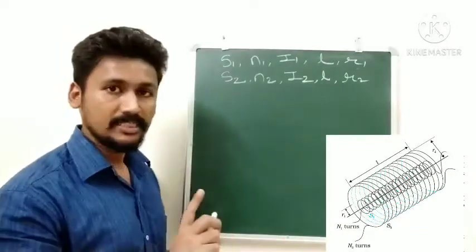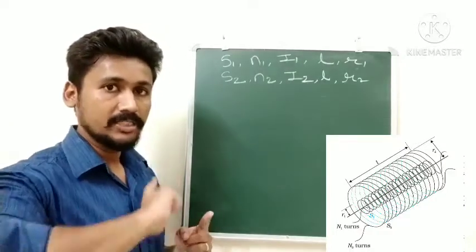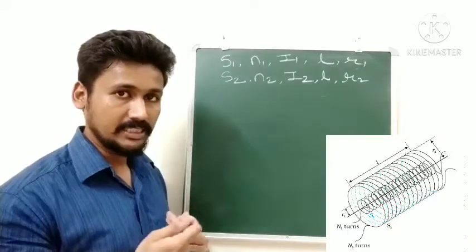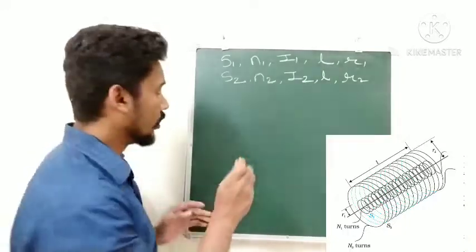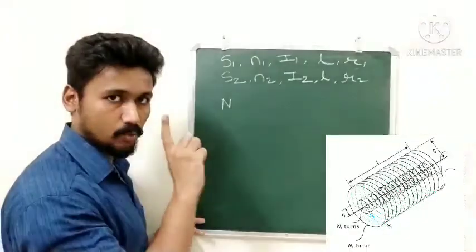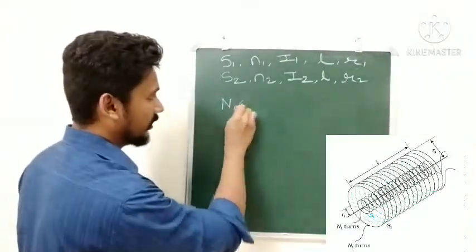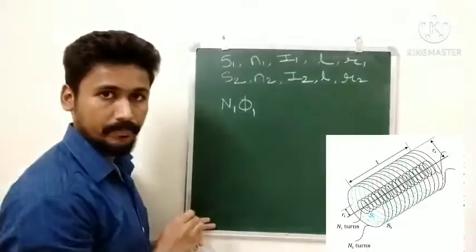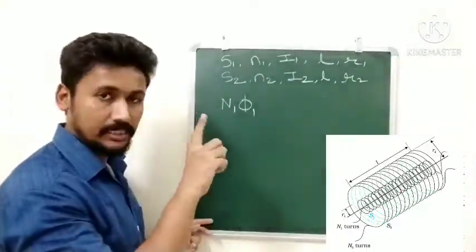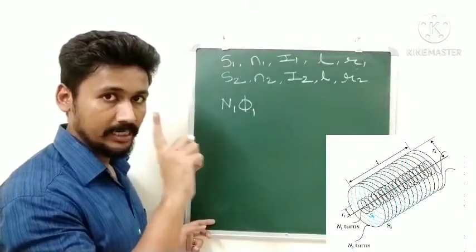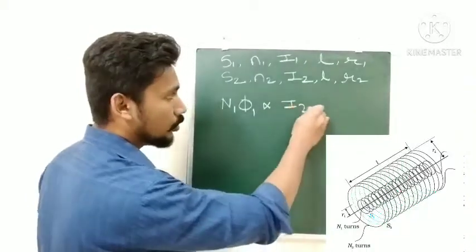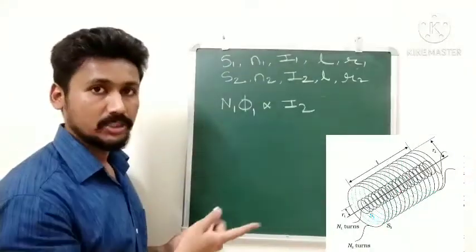Now let us assume initially a current is going to pass from S2. Because of that, there is going to be induction in the coil S1. So you can say that the flux linkage of coil S1, capital N1 phi 1, which is the flux in coil S1, where N1 is the total number of turns in coil S1, is directly proportional to I2, the current in the second solenoid.